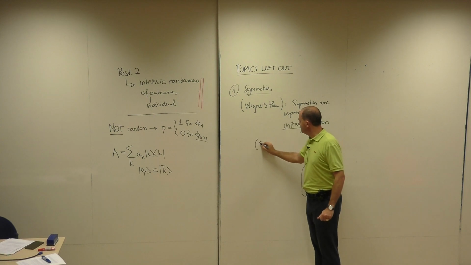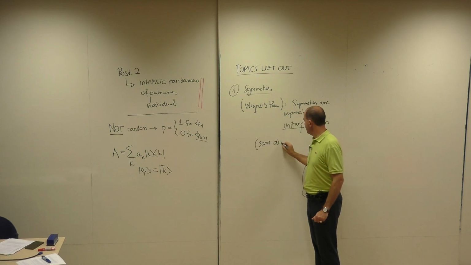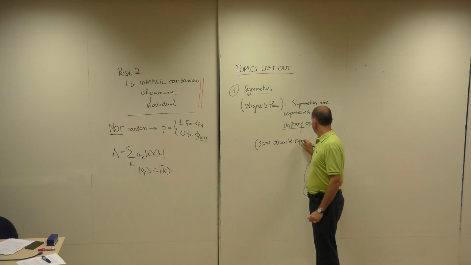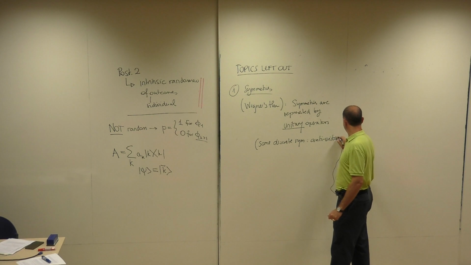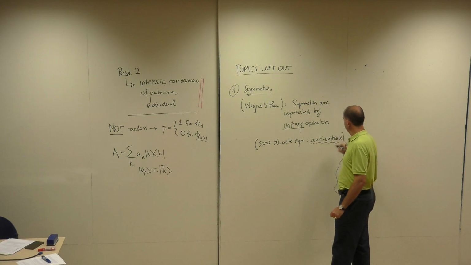There is something else. Some discrete symmetries are anti-unitaries, but we don't need these in this course.